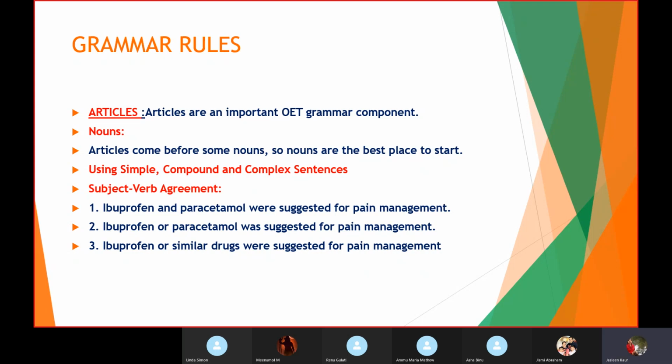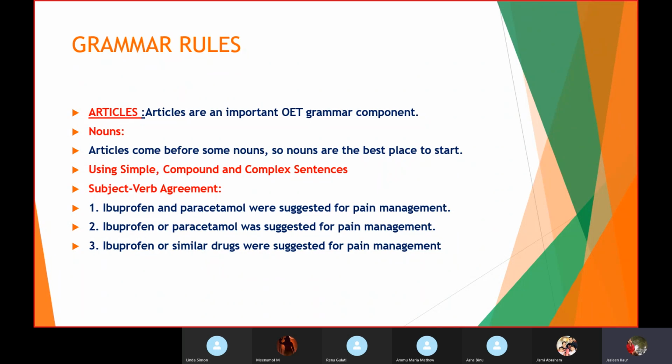Why is it wrong? Can anybody tell me? Okay, so it is wrong. Why? Because the name of the hospital is not specified. It's general. It could be any hospital.